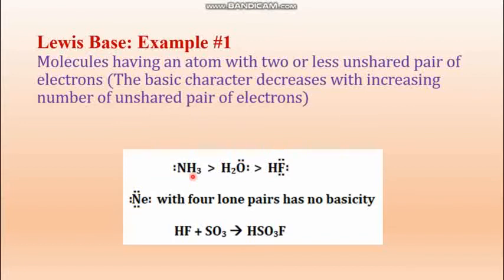So the most basic among all of them is ammonia, because it has the least number of lone pairs. On the other hand, neon has 4 electron pairs, so it has no basicity.